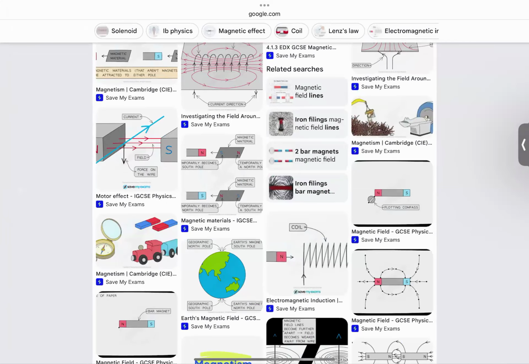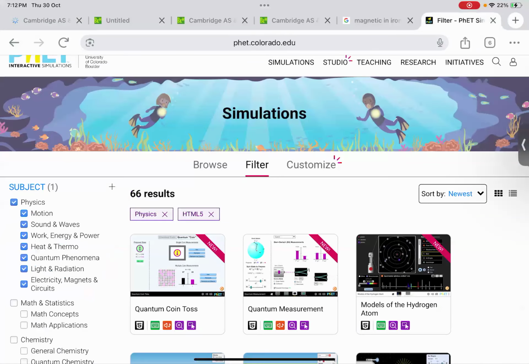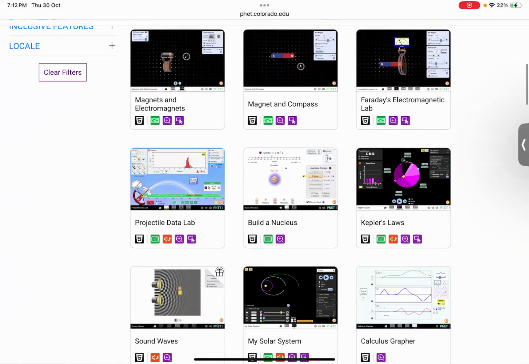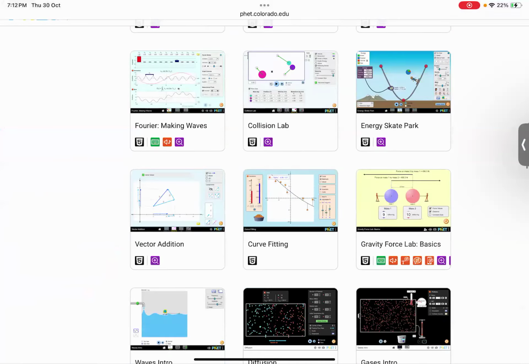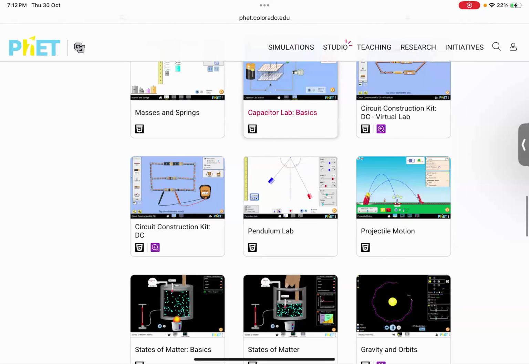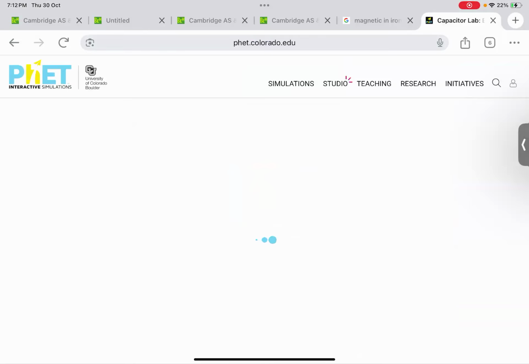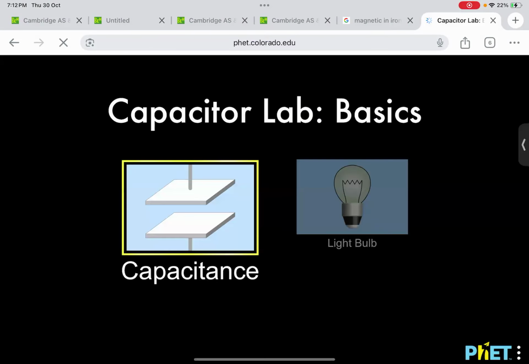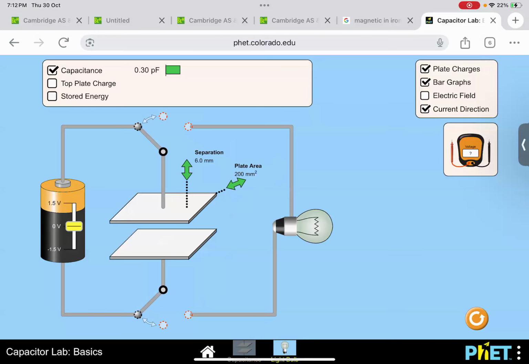Okay, right here. Let me show you the capacitance. Okay, you can see it right here.